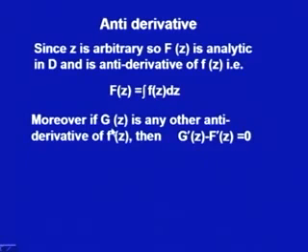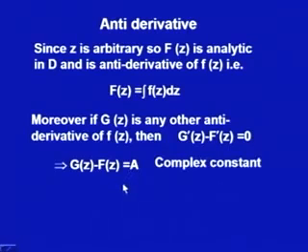Because they are the derivatives of capital F and capital G, if I integrate, we know that G(z) minus F(z) should be a constant. Here, because we are talking about the complex case, this should be a complex constant. So if there does exist any other antiderivative capital G of small f, the difference of these two would be nothing but a complex constant.